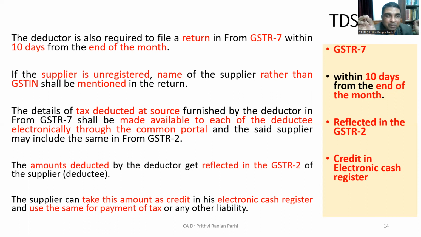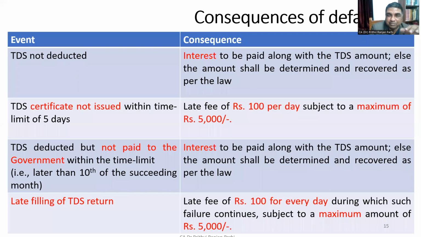So the supplier will have two ledgers, if he is registered: the electronic cash ledger and the electronic credit ledger. All input credits will be available in the electronic credit ledger, but this TDS will be reflected in the electronic cash ledger. And this electronic cash ledger balance can be used by the supplier for payment of taxes as well as for settling other liabilities. So this is the impact of the TDS return.